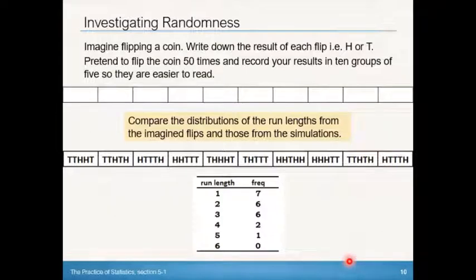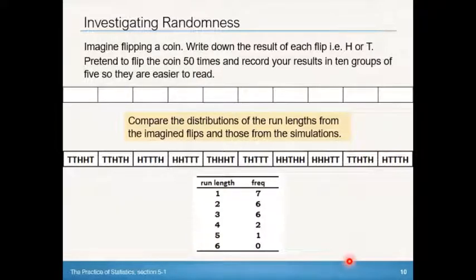So my whole point of this is randomization looks a lot less random than it is sometimes, in what people think is going to happen. So you think it's going to flip-flop, heads, tails, heads, tails, a lot more than it actually does. And you end up getting runs longer than one much more often than you would anticipate.